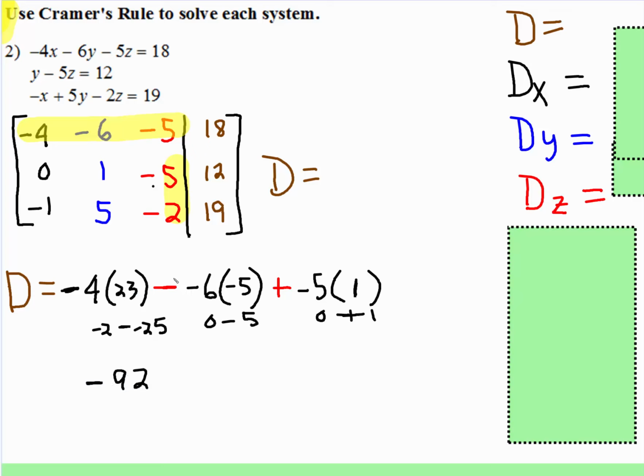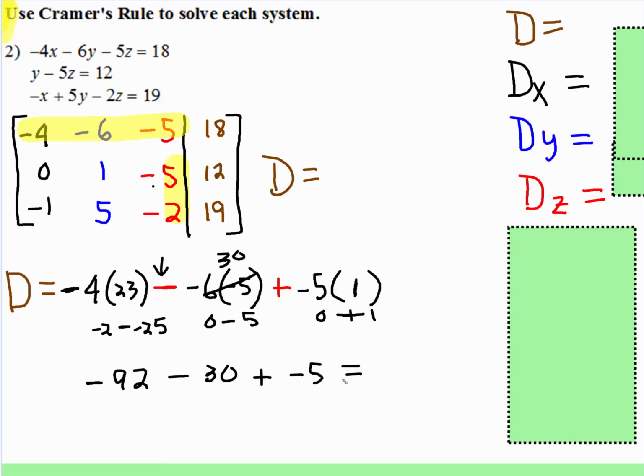And then, so let's pay attention to this subtract sign right here. First, we have -6 times -5, which is +30. So we have subtract 30. And then we're going to add -5 times 1 is -5.